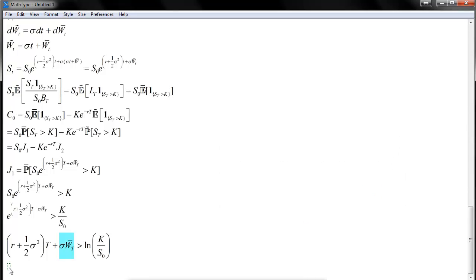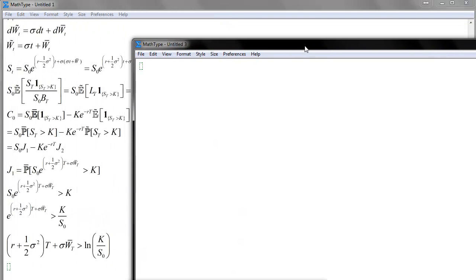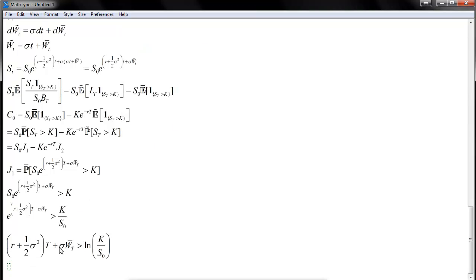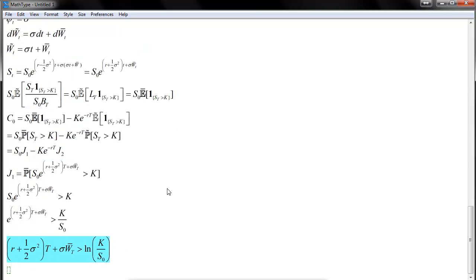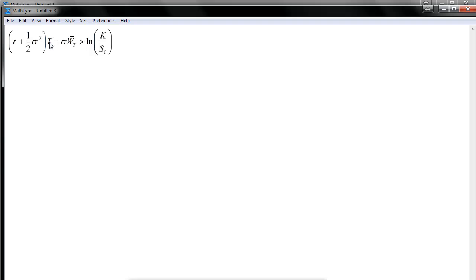So I clean the left hand side, and that means this guy is equal to what we had before minus that.